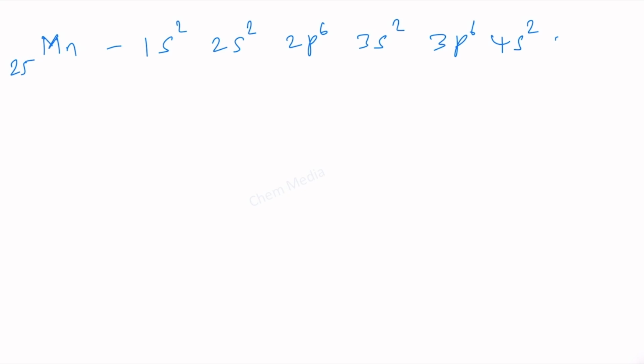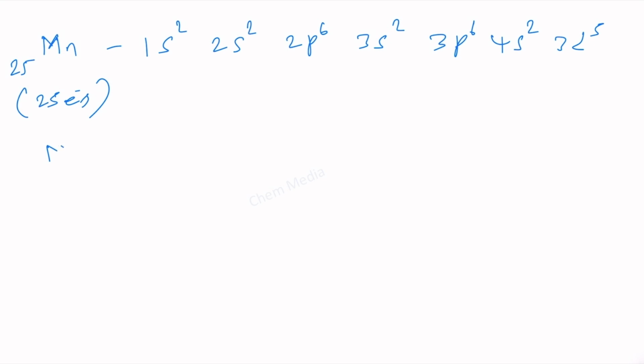Now, let us go to Mn2+. Before we write the electronic configuration of Mn2+, let us first write the electronic configuration of neutral manganese, that is 1s2, 2s2, 2p6, 3s2, 3p6, 4s2, 3d5, because the neutral manganese atom contains 25 electrons.